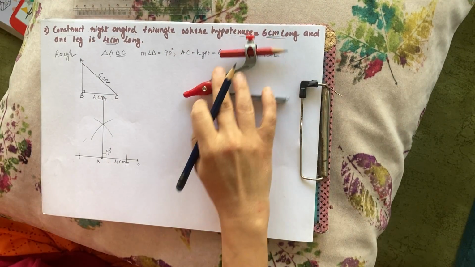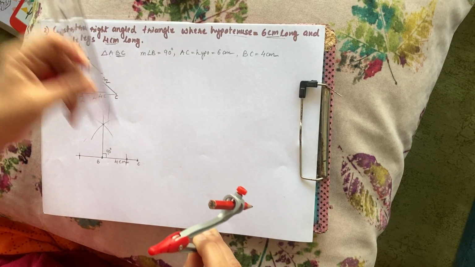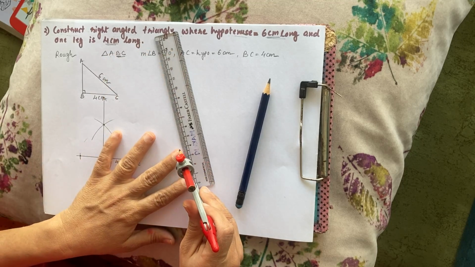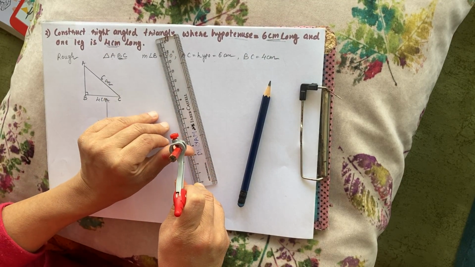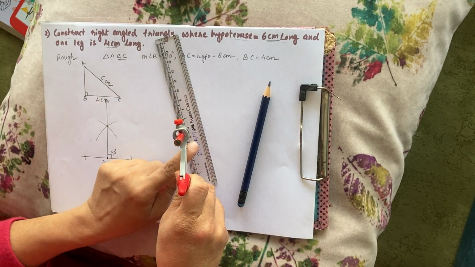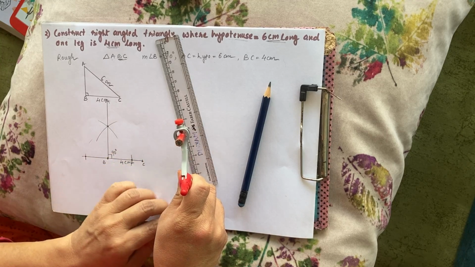Now, you have to draw AC of 6 centimeter. So, first of all, take a measurement of 6 centimeter on the ruler. This one is 6 centimeter. Yeah, that is exactly 6 centimeter.